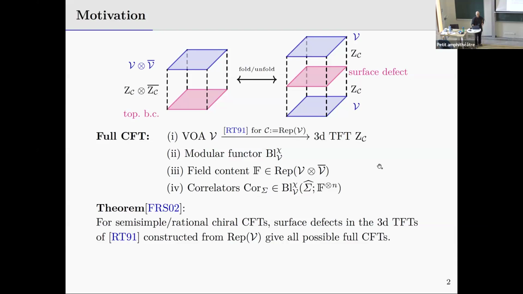How do you label a surface defect? Right now, I'm not telling you. Right now, I'm just saying any surface defect does. I just don't know what a surface defect is. So abstractly speaking, it's an embedded two-manifold with some labels, but I'm not telling you what the labels are right now. That's what I'm asking.